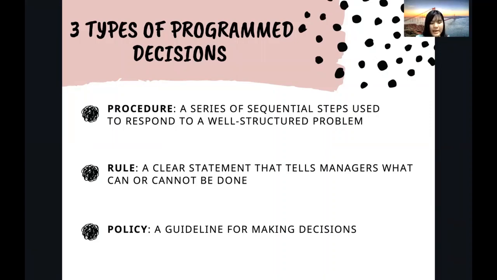The last is policies, which are guidelines for making decisions, and they also contain ambiguous terms and require interpretation. For example, a policy statement from a store is customers always come first and should always be satisfied. The term satisfied is unclear and needs interpretation.